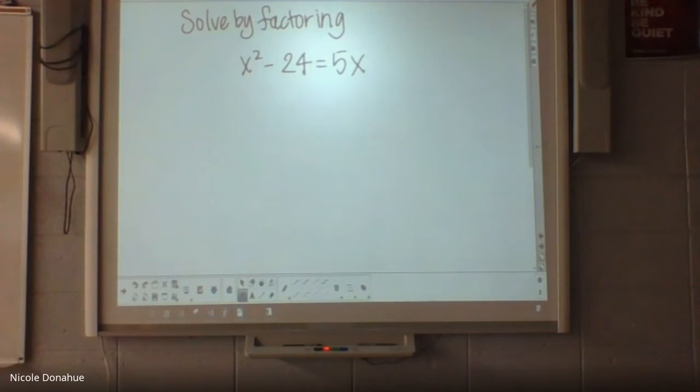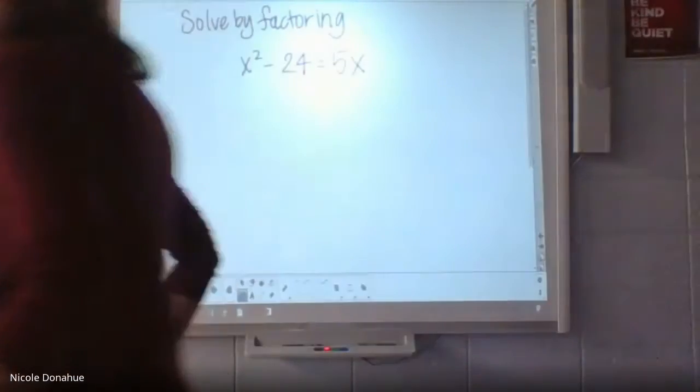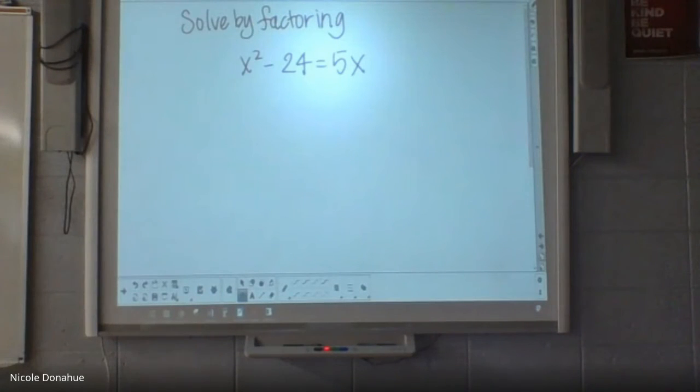That's right, yellow. And then you want to solve it. So set each of them equal to 0. Perfect, you're good.